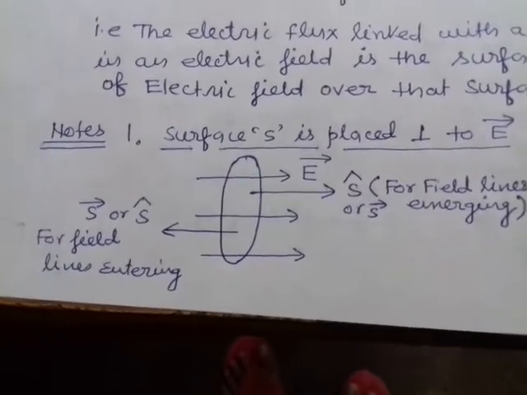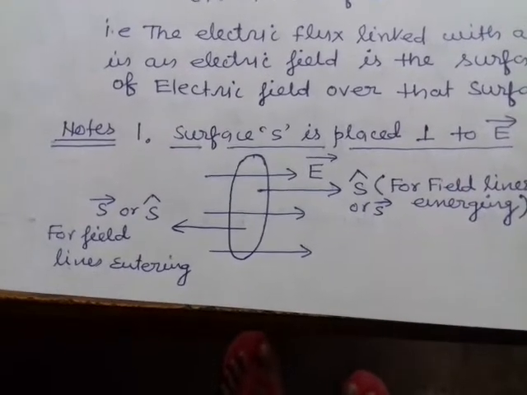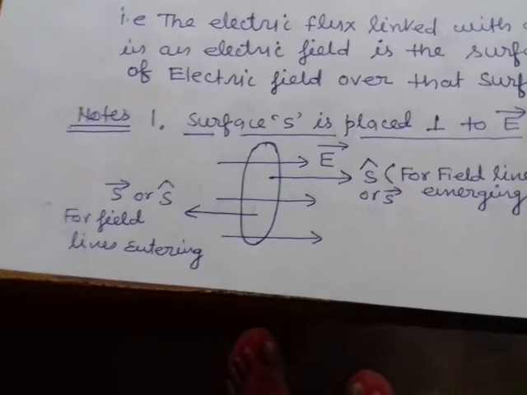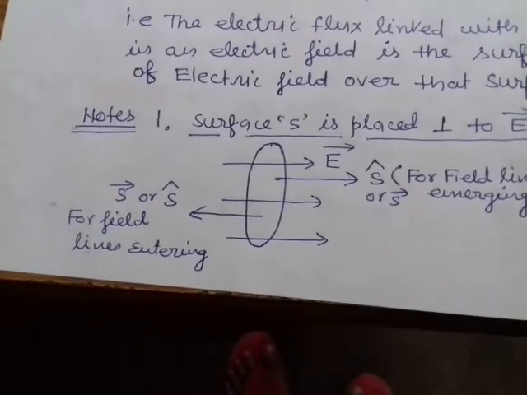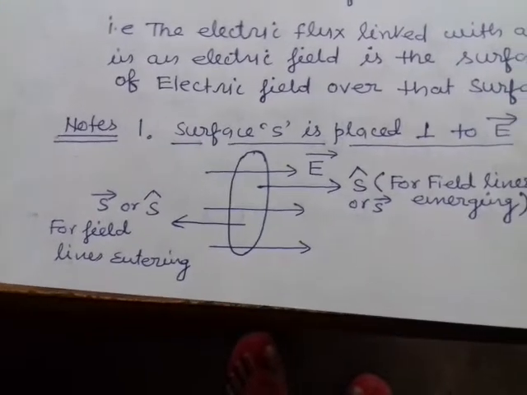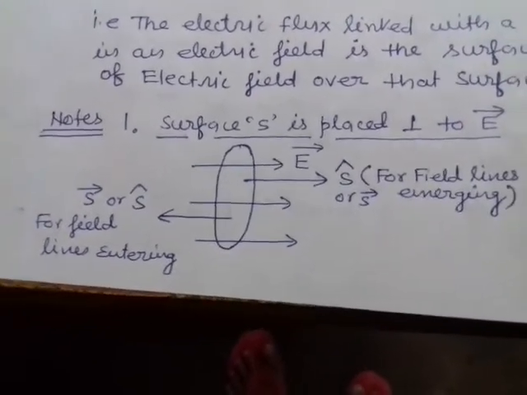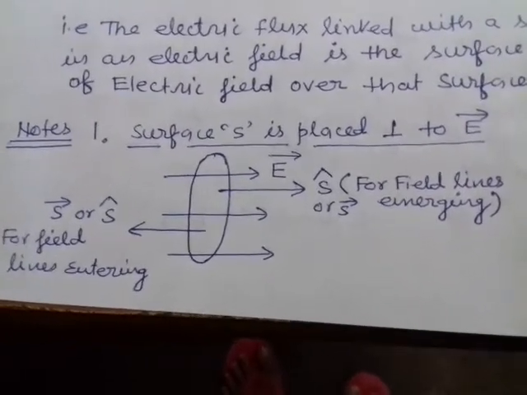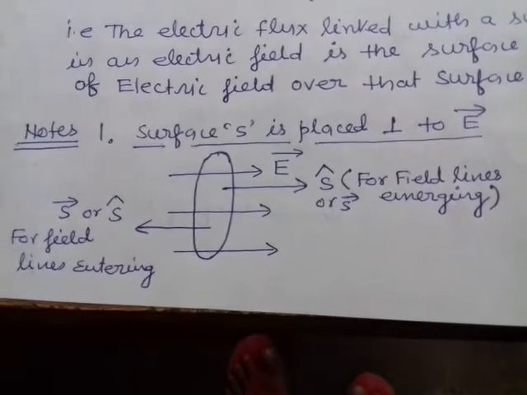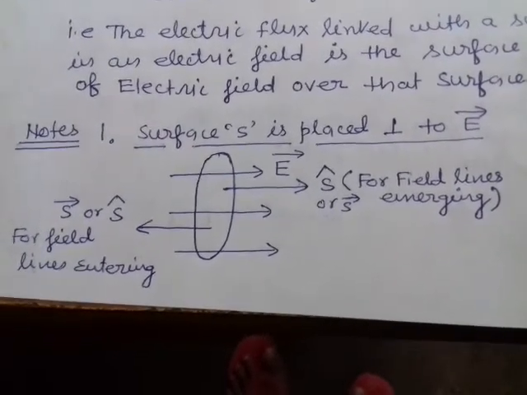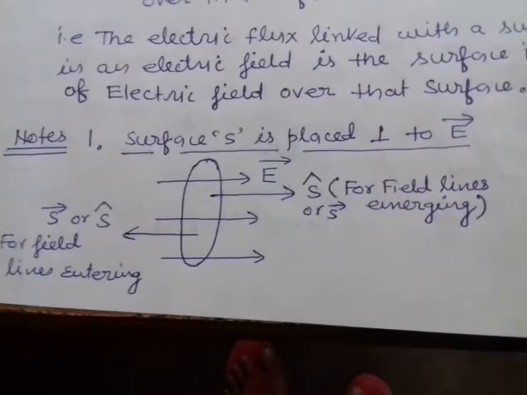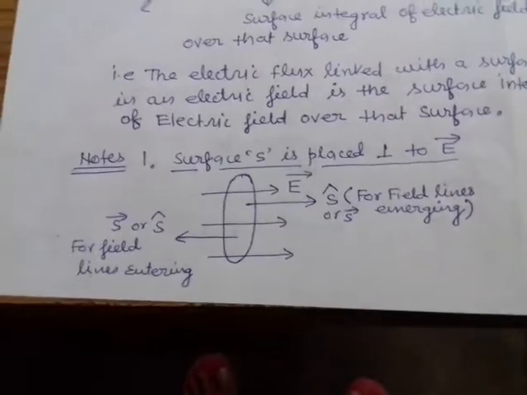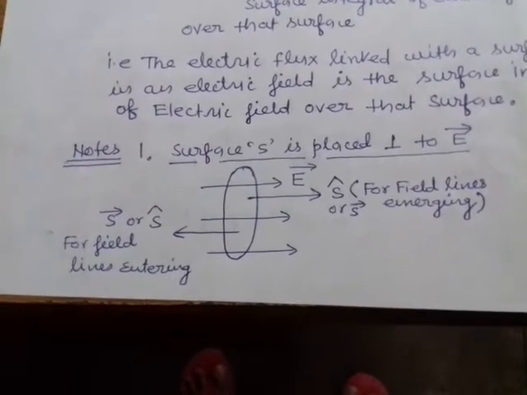The direction of area vector of the first surface, where field lines are entering, is along the negative x direction, where electric field is along the positive x axis. For the second surface where field lines are emerging, the direction of area vector is along the positive x axis as well as the direction of electric field E. So there would be two cases when surface S is placed perpendicular to electric field.